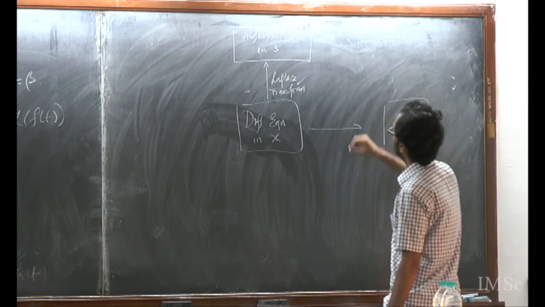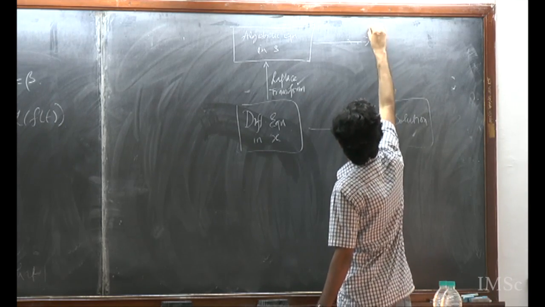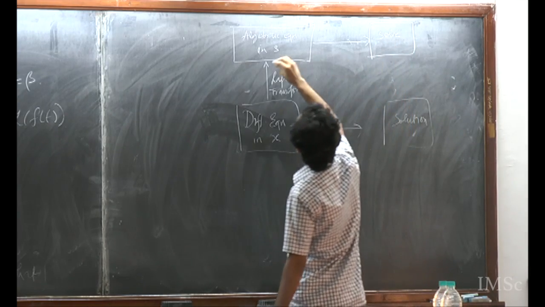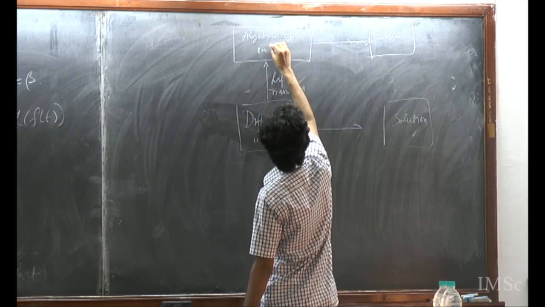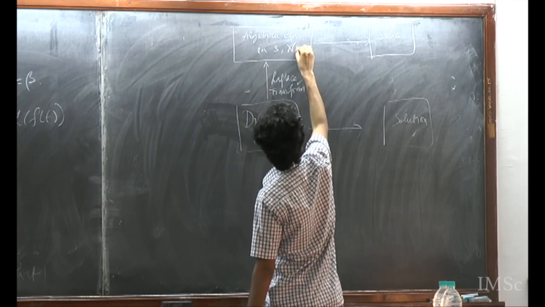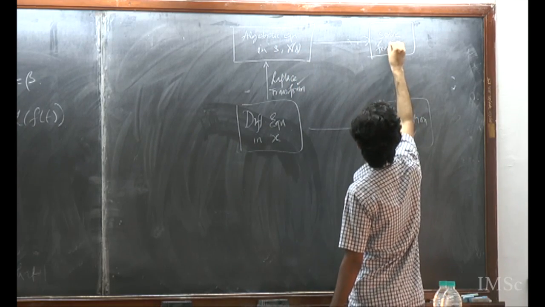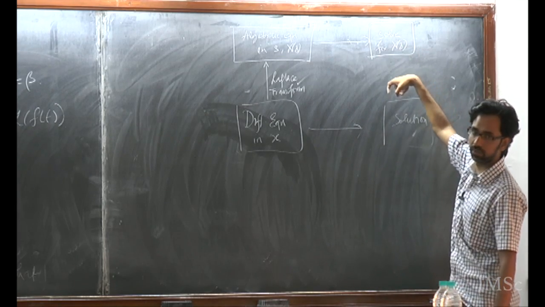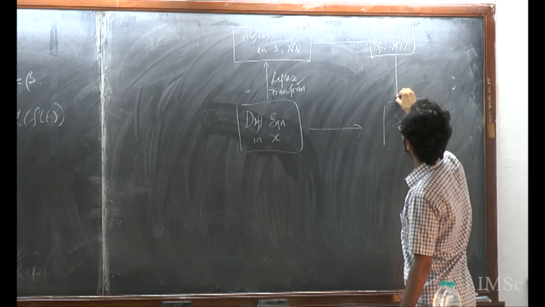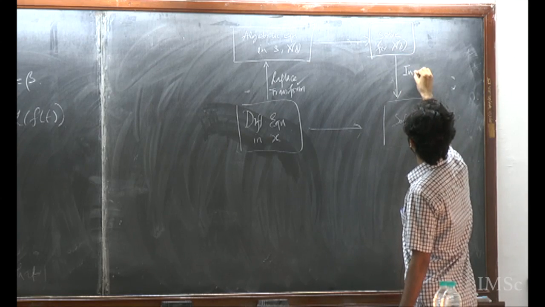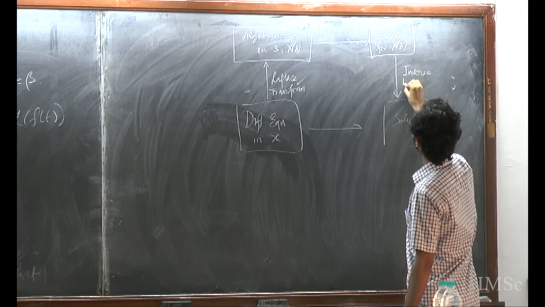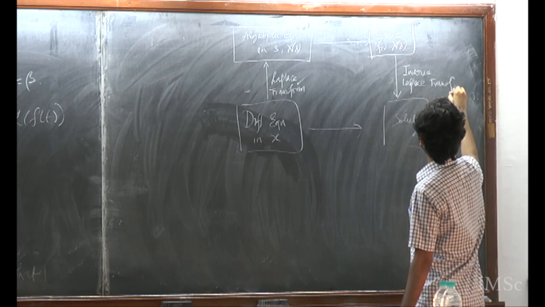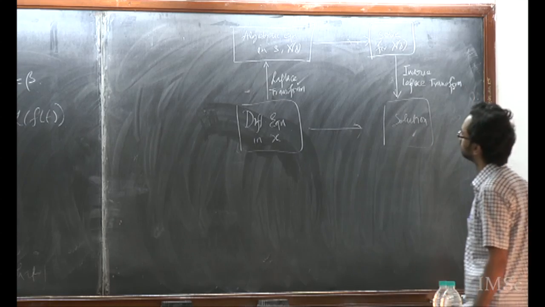Okay. You solve this algebraic equation. So this will be in s and X of s. Solve for X of s. Okay. And what is this arrow? Just the inverse Laplace transform. Okay.